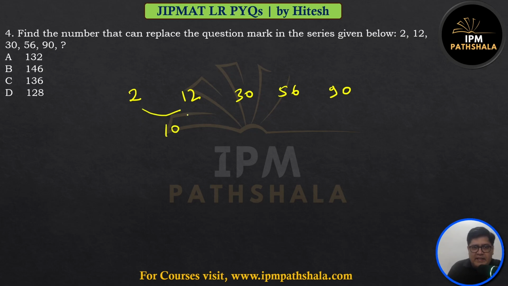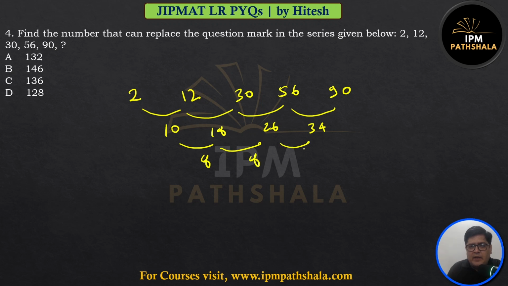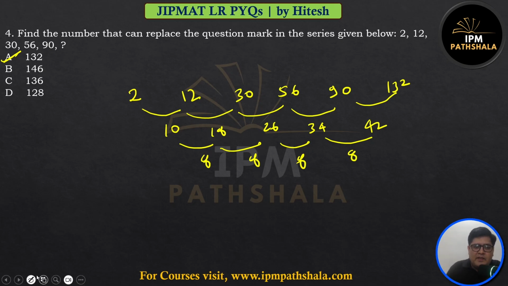The gap between these is 10, 18, 26, and 34. The gap here is 8, 8, 8. I expect there to be a gap of 8, which is 42, which gives 132. As I said, there could be multiple ways to solve this. I want you to observe.